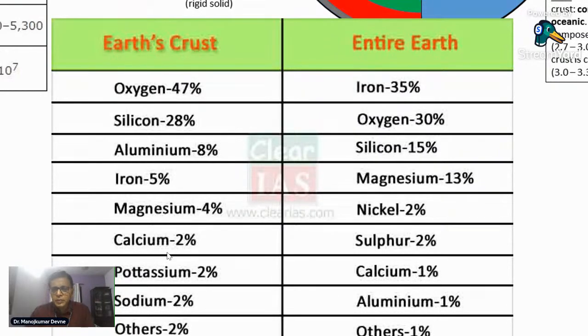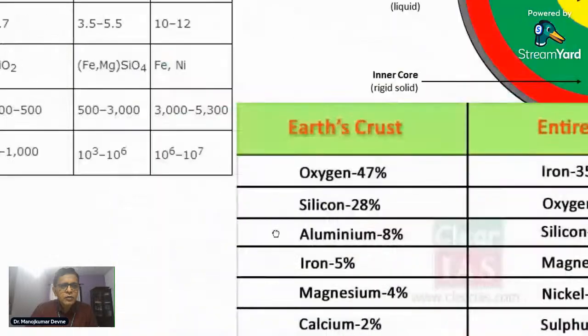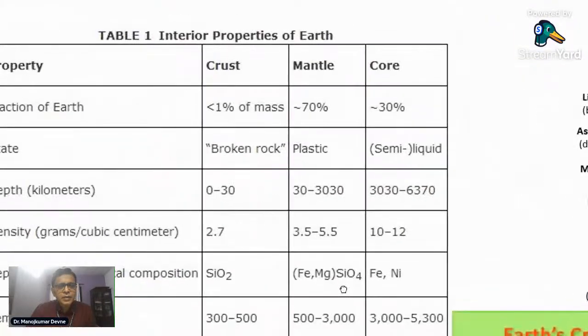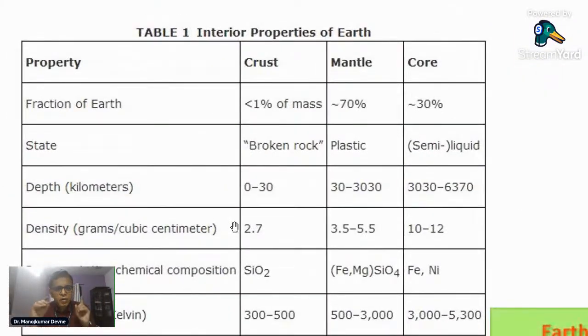It's going to be a huge percent. Remember that the entire Earth is split into layers, and 99 percent of the mass of this planet is in the interior, while these numbers are occupying less than 1% of the mass of this planet. This is something you have to remember all the way through.